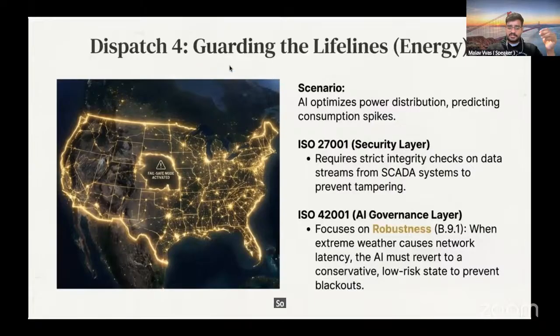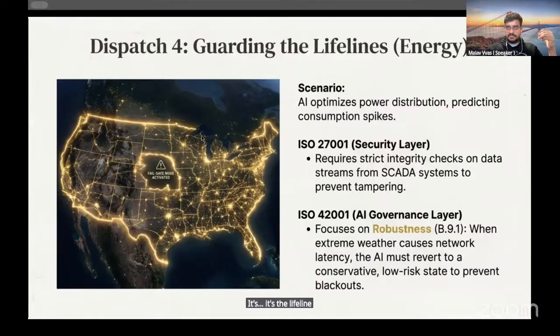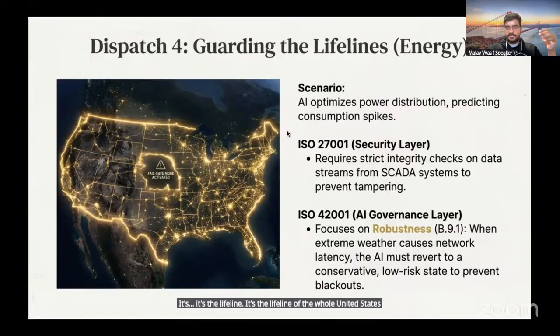So let's talk about the energy sector, right? It's the lifeline of the whole world. So any power outage is going to cause a catastrophic effect for industries. In the United States, they use AI models to optimize power distribution and predict consumption spikes.